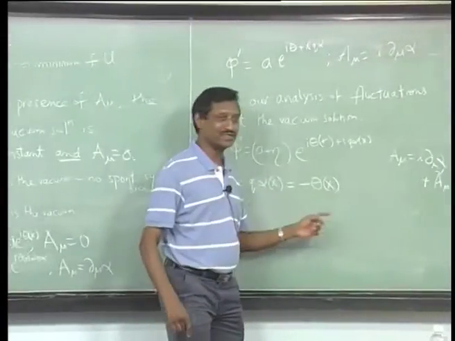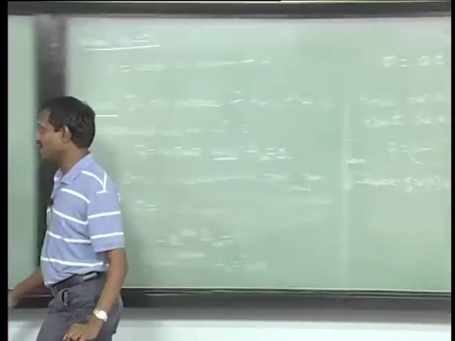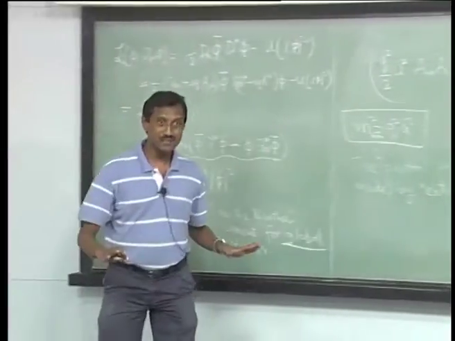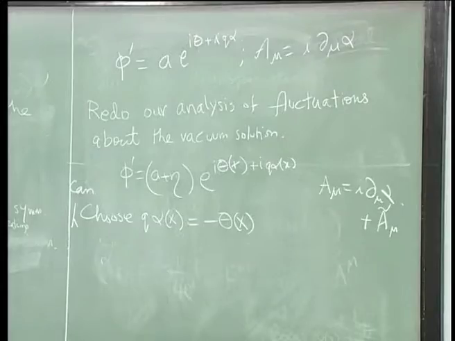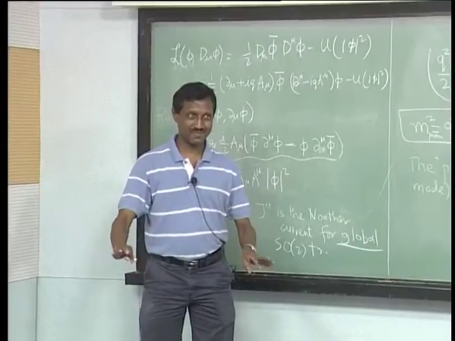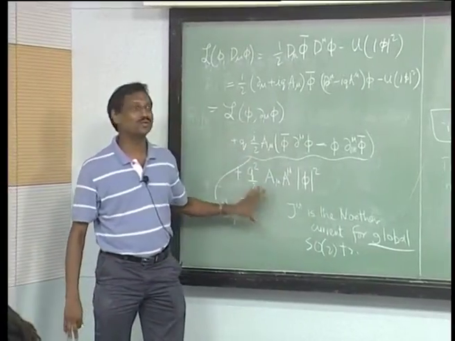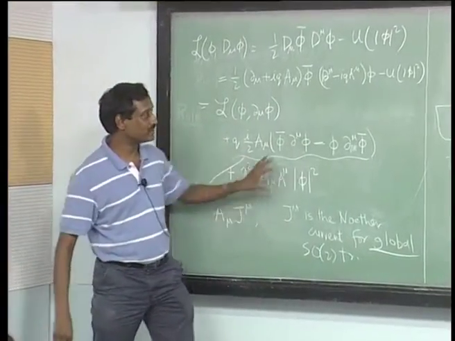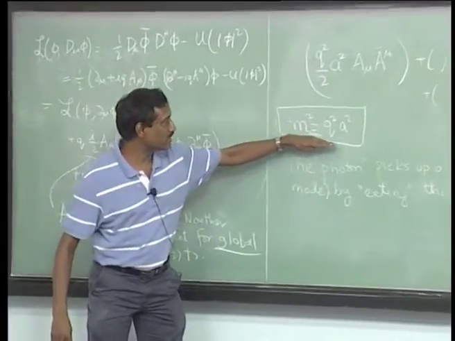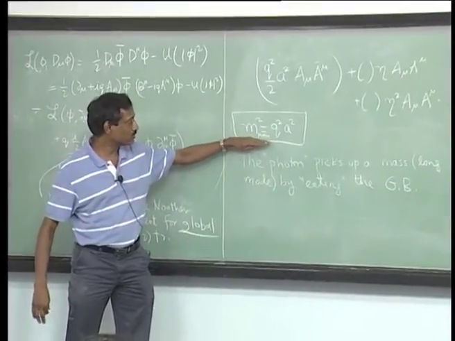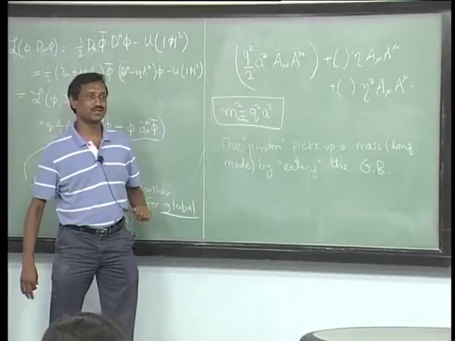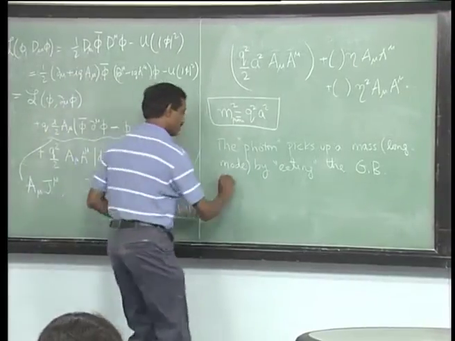You end up getting a mass. But remember, as Coleman emphasized, symmetry is not broken, it is just hidden, not just global, even in this case the local symmetry exists. So, in the presence of local symmetries, you get a mass for the gauge field, and this is called the Higgs mechanism.